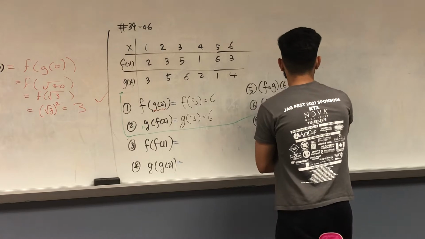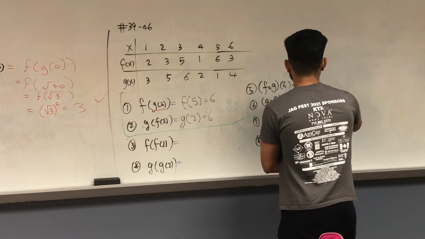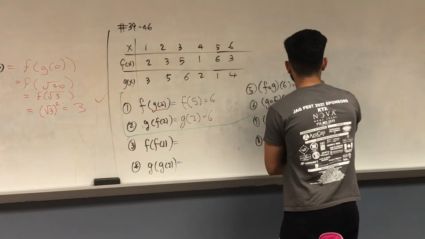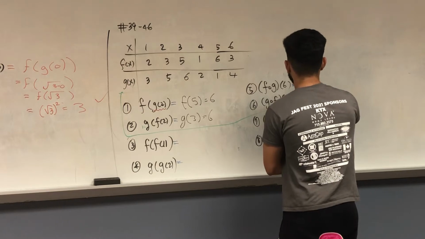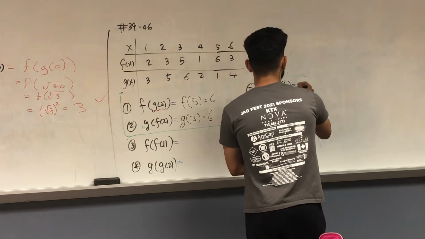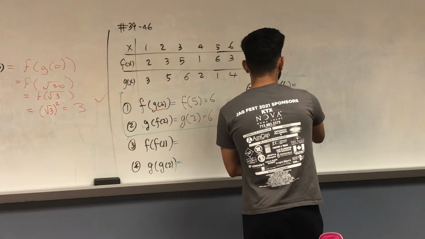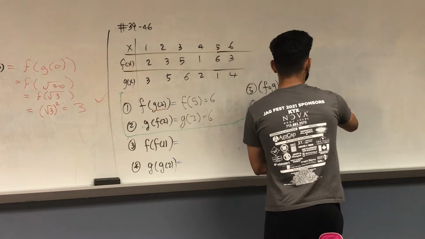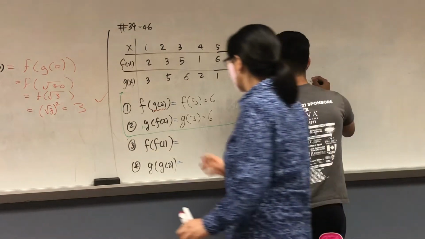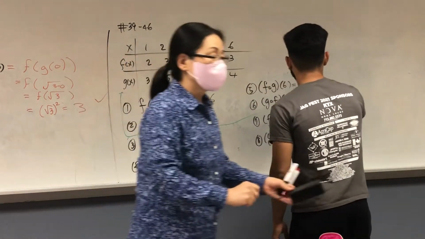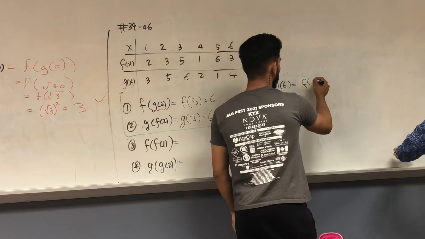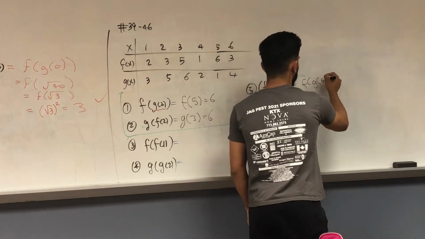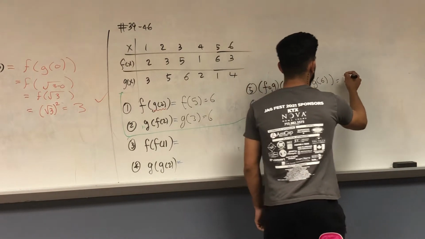Rewrite using parentheses. So this is what? It's F of G of F of 6. Sorry, G of 6. By definition, so it would be F. Using parentheses, write down F, what is definition? F parentheses, G parentheses, 6, parentheses, equal to, yes.